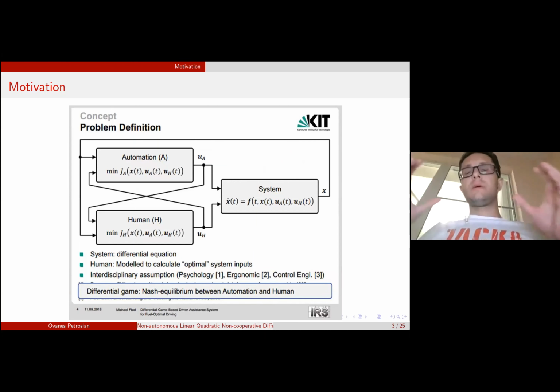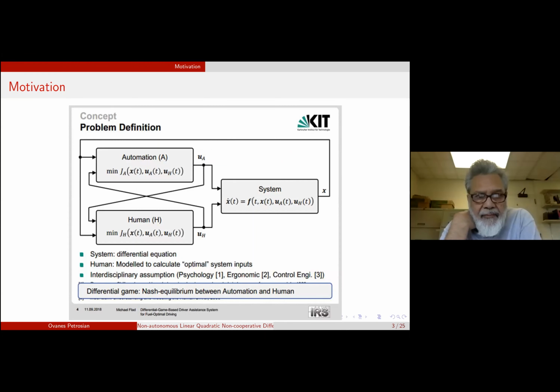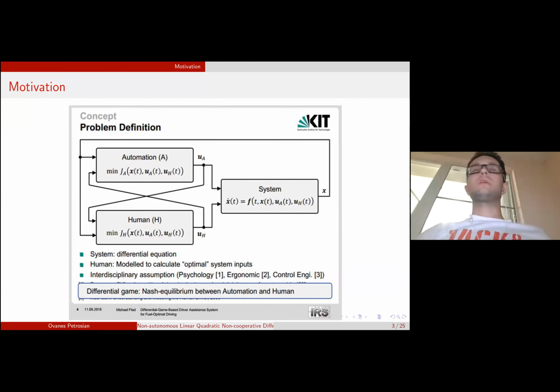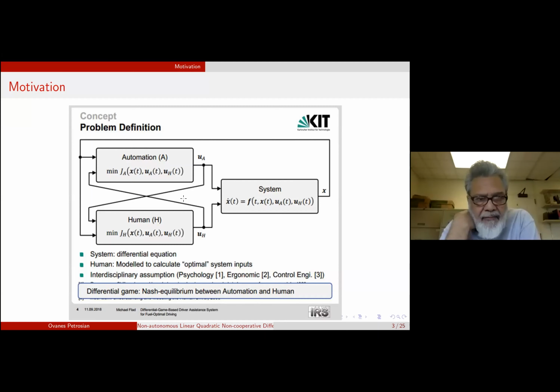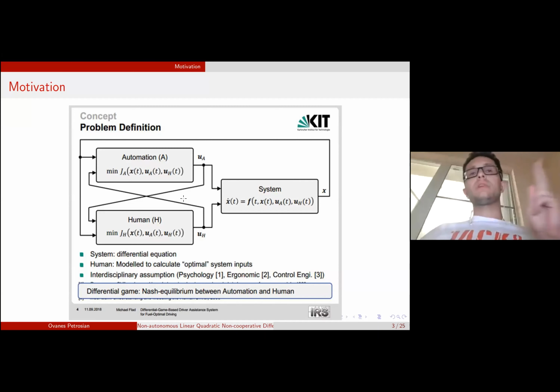The idea of their work is that they are building a driver system which is based on the differential game framework, in particular on its linear quadratic case. This framework is a game of two players: one is the automation, another one is a human.